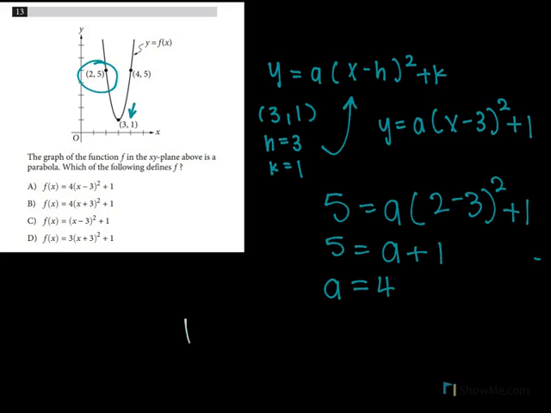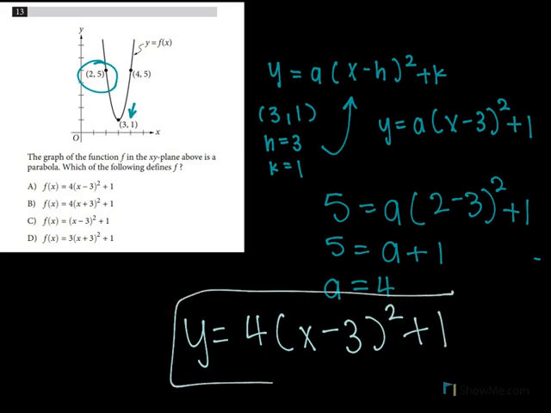So let's plug in the a value, and our equation would be y equals 4 times x minus 3 whole squared plus 1. And let's see which of the options has this as an answer, and that would be option A.